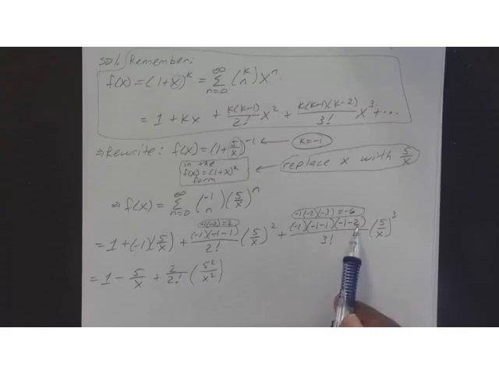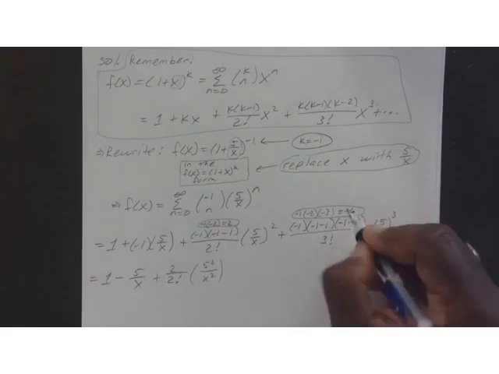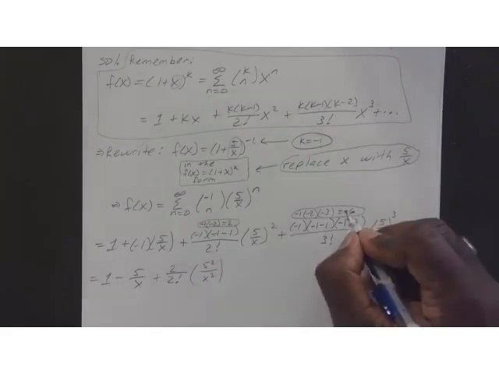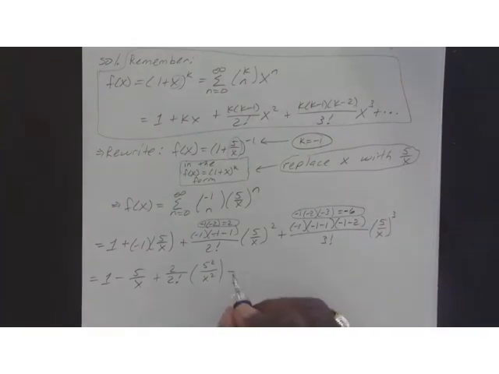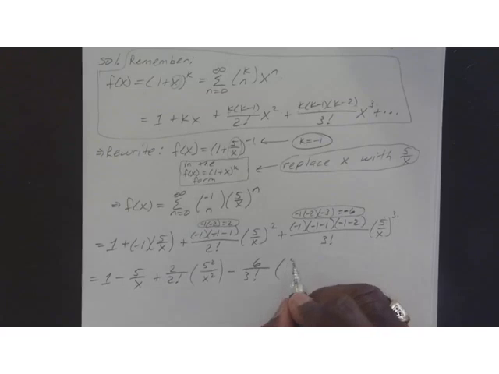Okay, so since all of these multiplied gives us -6, let me make that negative a little clearer. There we go. That becomes -6 over 3 factorial. And 5 over x to the third power is just 5 to the third power over x to the third power.